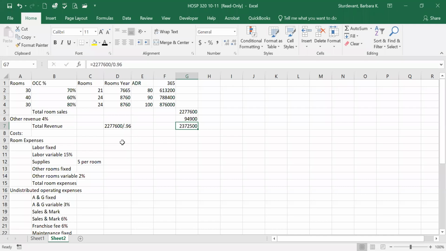Okay, and let's go onward. So we have fixed and we have variable. So our fixed for labor was 100,000.